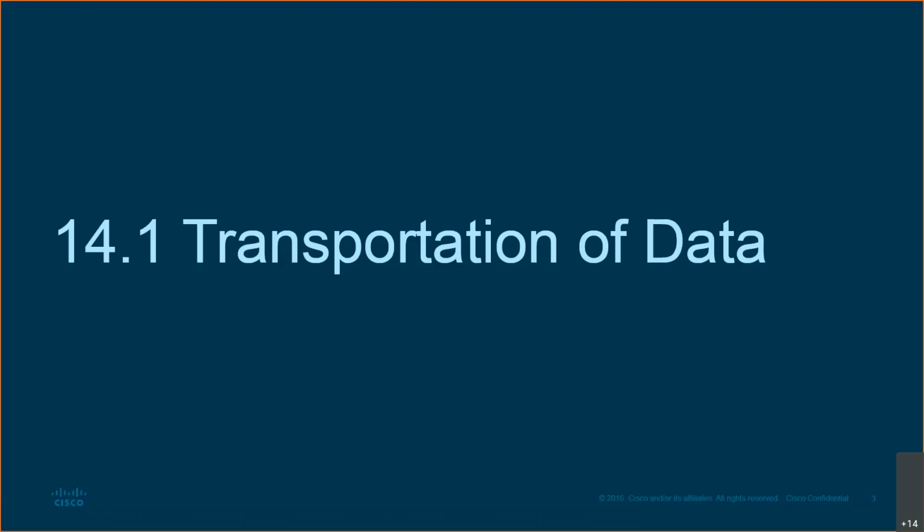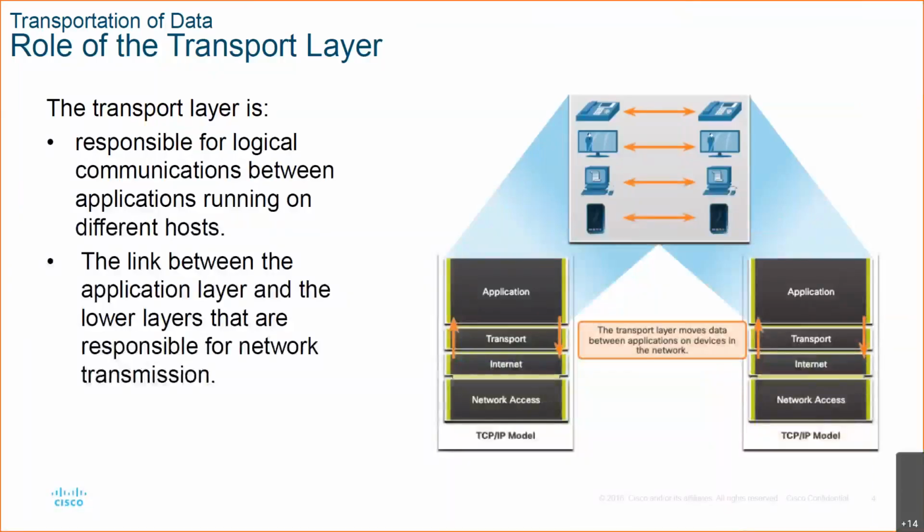Transportation of data is what transport layer is mainly all about. It is responsible for the logical communication between the applications running on different devices, be it an IP telephony device, a smart TV, a computer or a smartphone, and so on.